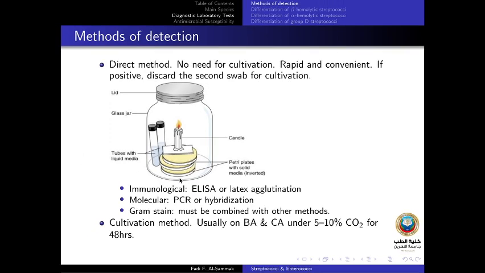And then you incubate at 37 degrees centigrade for 48 hours. Okay, so this is the indirect method or the cultivation method. It involves growing the microorganism because the first method didn't work since the microorganisms were very few.